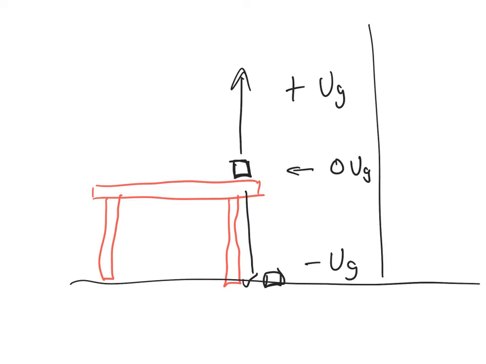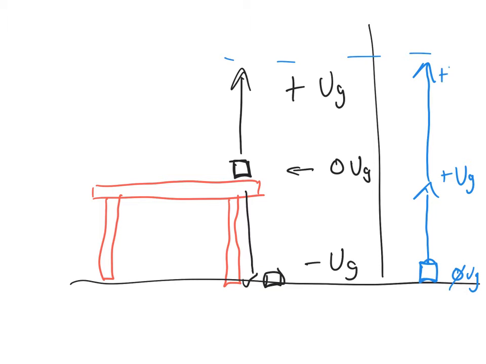If instead I set my zero position as here, zero gravitational potential, and then I were to raise it up to table height, I would have some positive gravitational potential, and if I were to raise it up to this same height again, I would have twice as much.